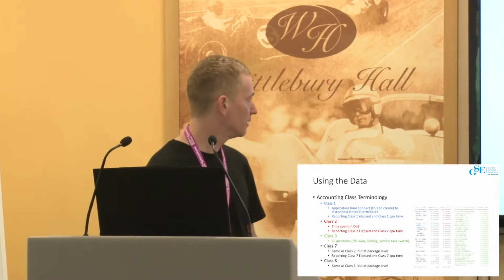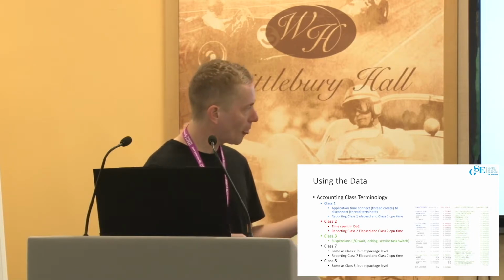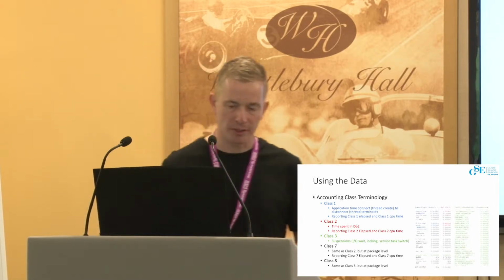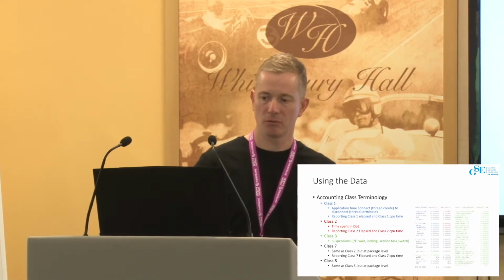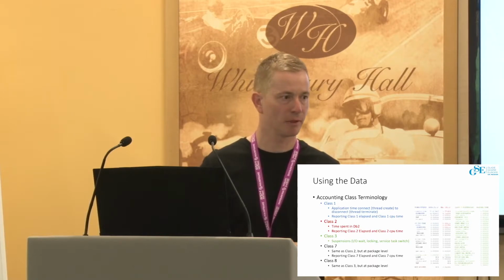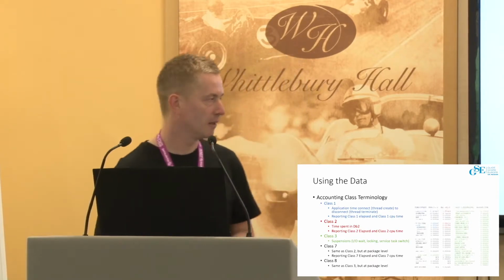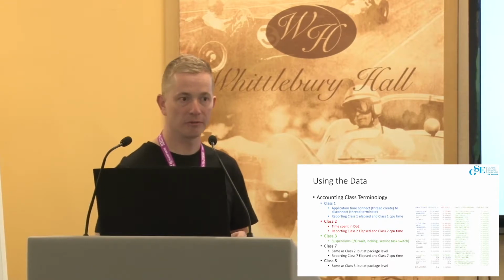So the idea here is that you've got this information at thread level. So what do you do when you've got 17,000 of those a second going through your system? I don't think you're going to write an accounting report and then trawl through each of those looking for problems.